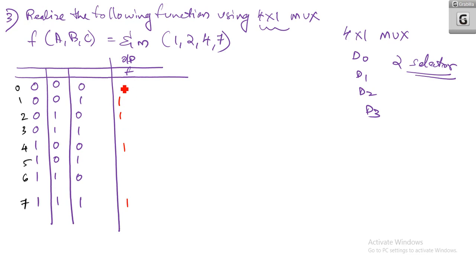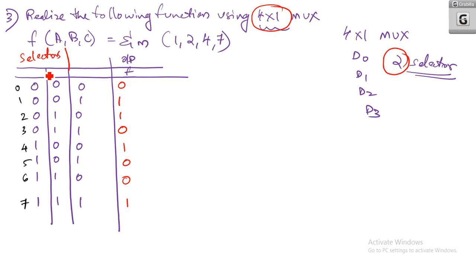For all others the value remains 0. Right? For all others the value remains 0. And again the same problem comes. You are allowed to use only a 4 by 1 mux. That means you are having only 2 selectors. Okay. That means here you need to choose which 2 are the selectors.